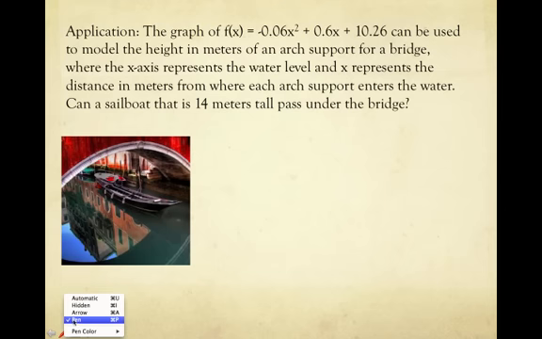So of course I'm going to solve for that. So I find my axis of symmetry first. x equals negative b, or 0.6, over 2a, so 2 times negative 0.06. So my x equals 5.